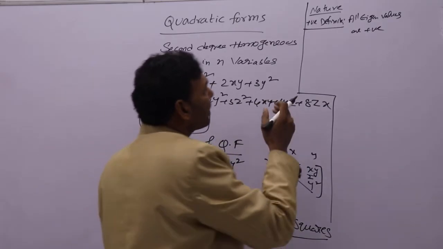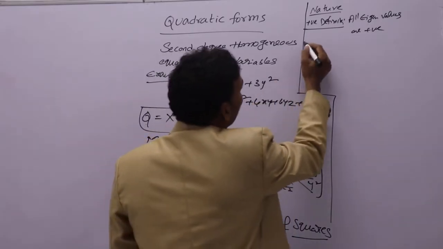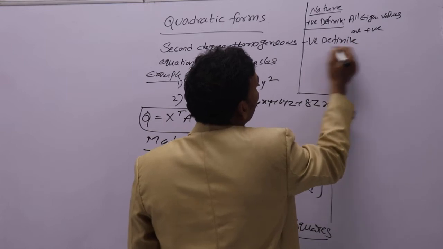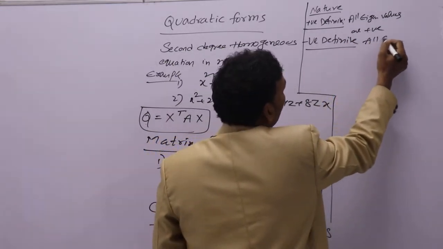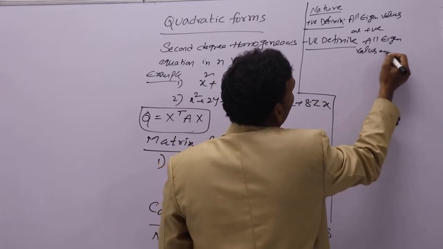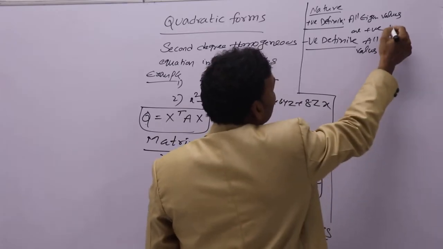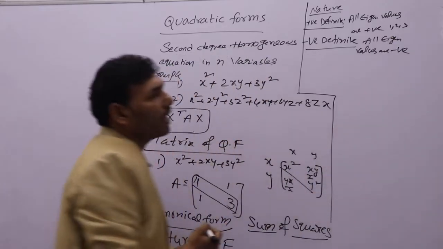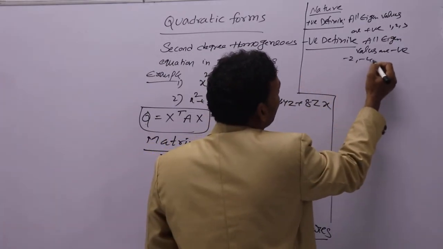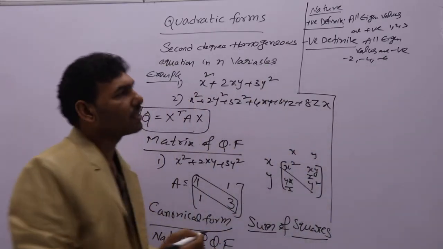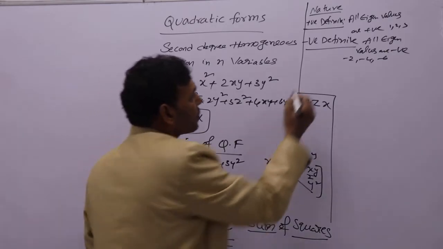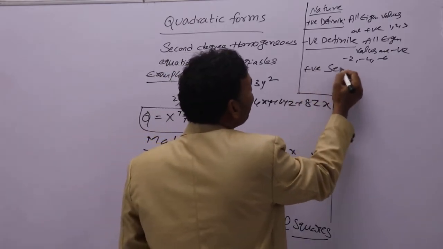We say the given quadratic form's nature is negative definite if all eigenvalues are negative. That means here you may have eigenvalues like 1, 2, 3 for positive, and here you may have eigenvalues like -2, -4, -6. Then we can say the nature of quadratic form is negative definite. Next, positive semi-definite.